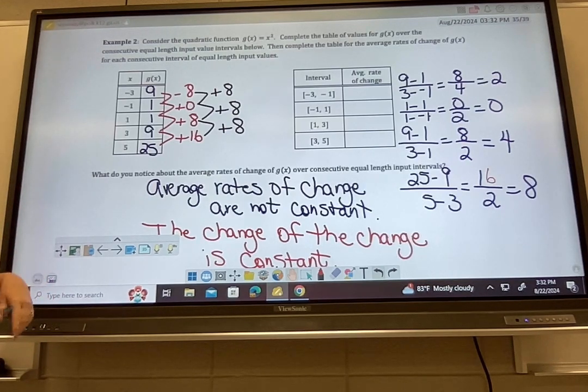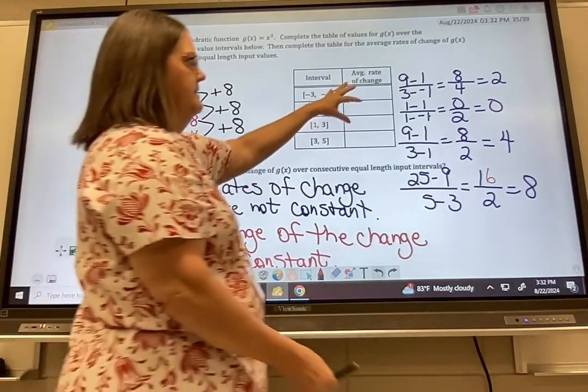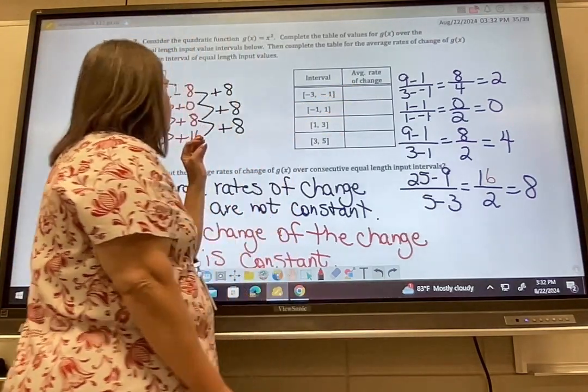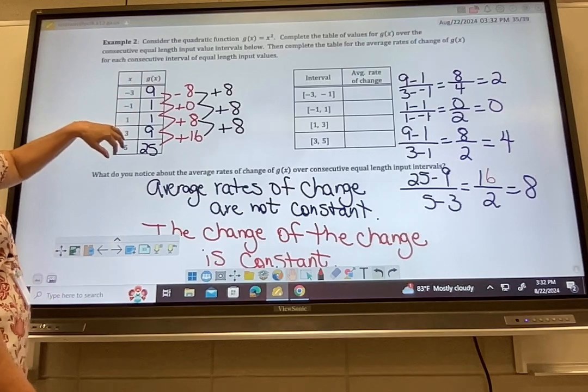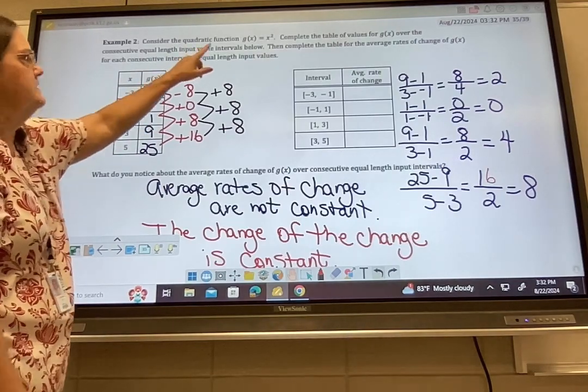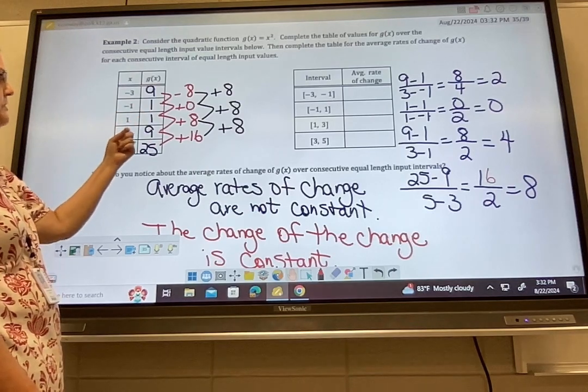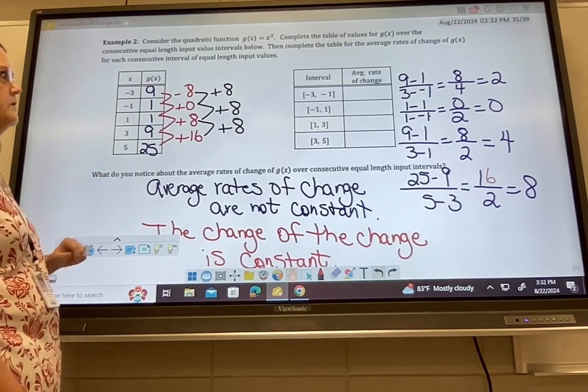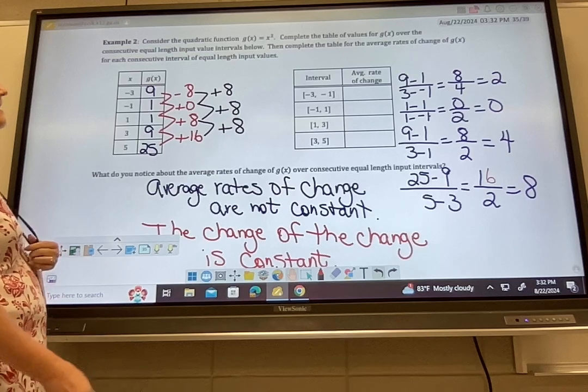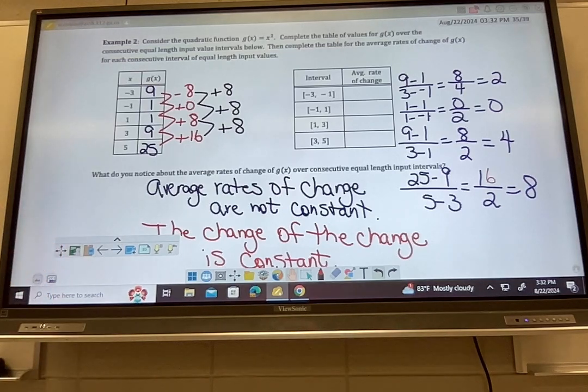Now I can't fit my handwriting in this little box. So first I filled in the table. -3 squared is 9, -1 squared is 1, 1 squared is 1, 3 squared is 9, 5 squared is 25. So I put that in, and then you want to look at how they change.